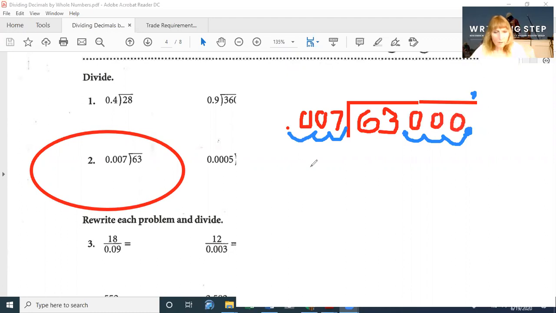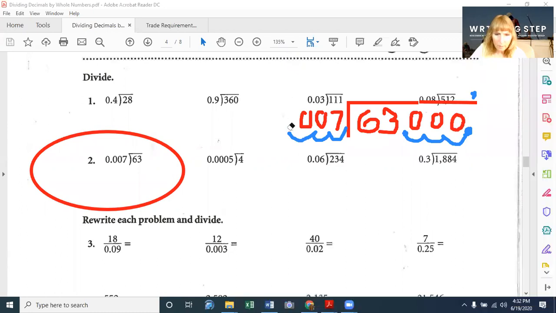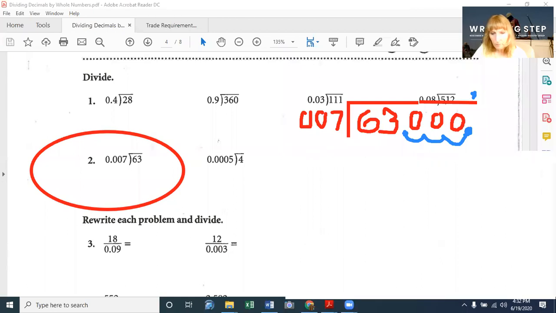So now I have my 7, and I can erase the 2 zeros in front now because 007 is really just 7. And I can start dividing.